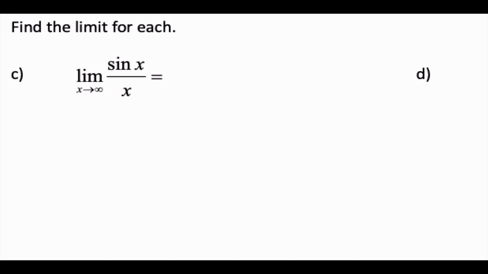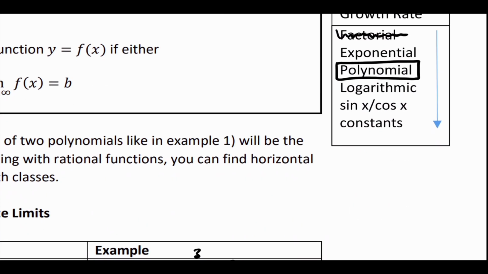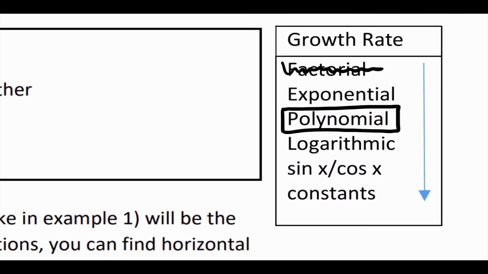Top is a trig. Bottom fits into which of those categories? I know where the top is. It's right here, sine and cosine, right?